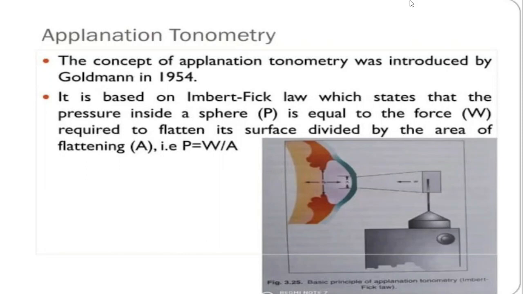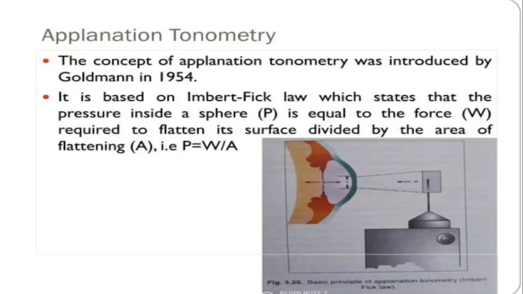Applanation tonometry. Applanation tonometry is a method of measuring intraocular pressure, IOP, within the eye. It is the most common and widely used method of tonometry in clinical practice. Applanation tonometry involves using a small flat device called a tonometer to measure the force required to flatten a small area of the cornea.